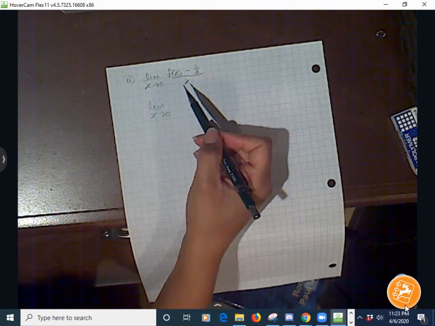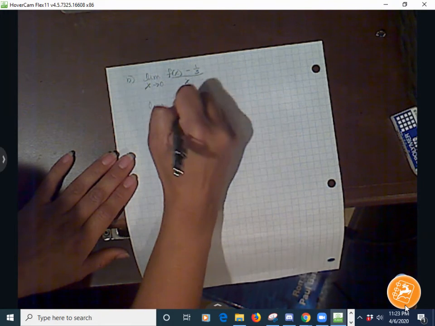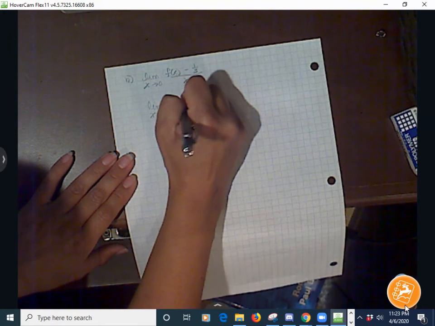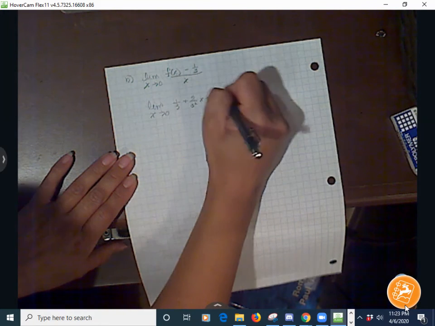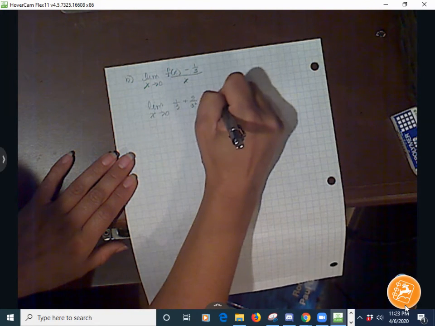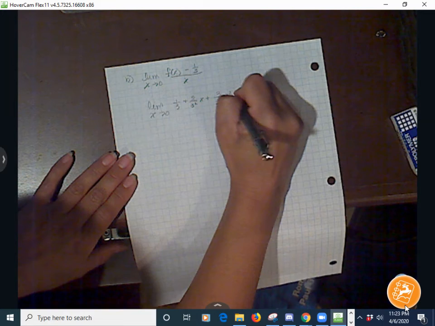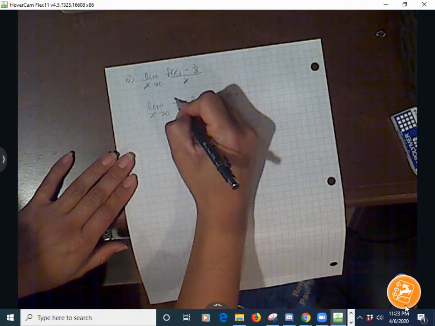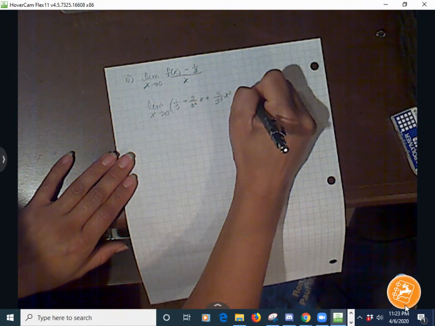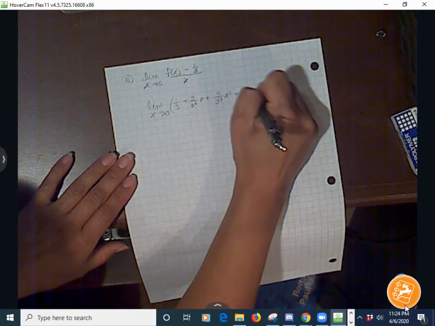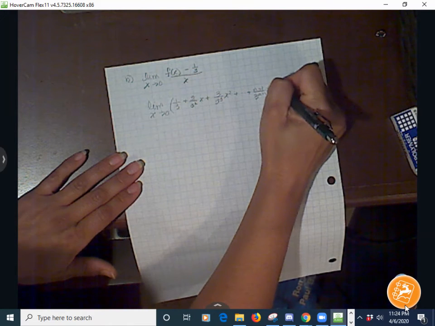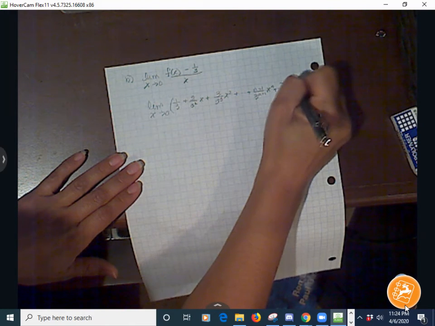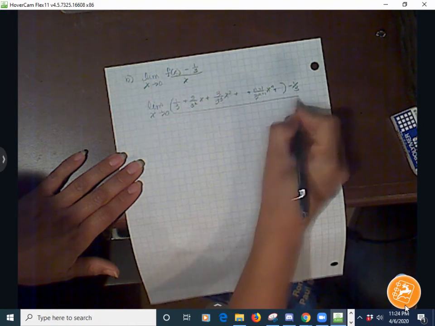F of x, which I'll write out again, 1/3 plus dot dot dot plus n plus 1 all over 3 to the n plus 1, dot dot dot, minus 1/3 all over x.